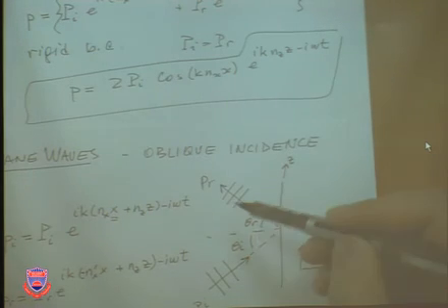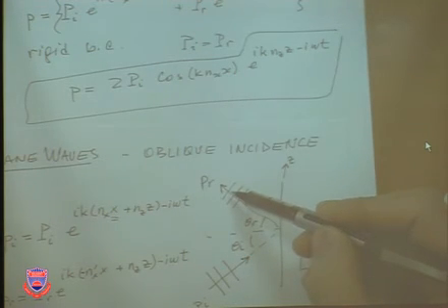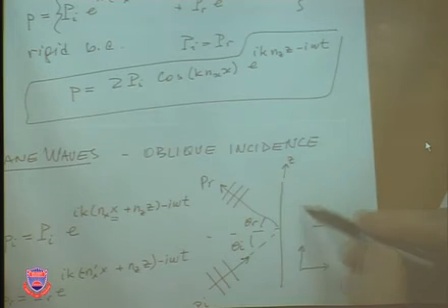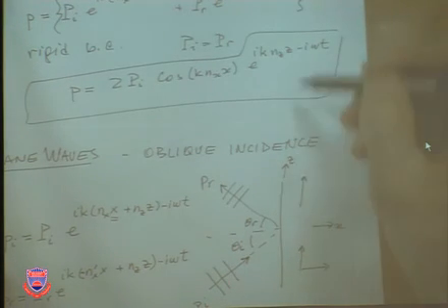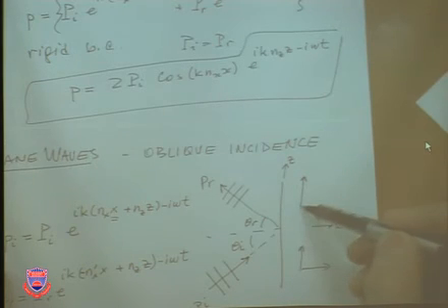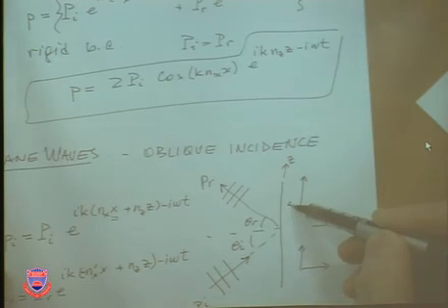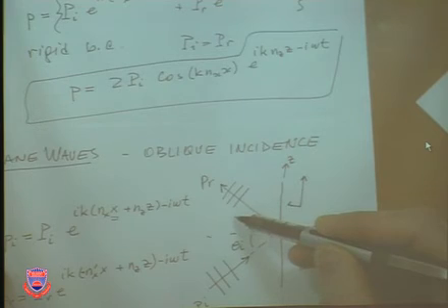Take a look at the reflected wave. The reflected wave has a component that's propagating along the z direction and a component that's propagating away from the boundary.